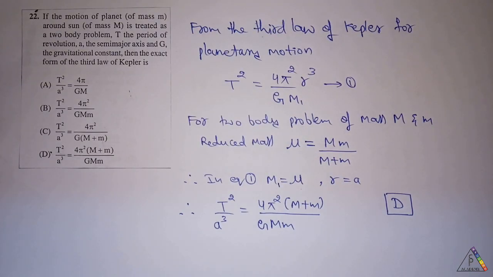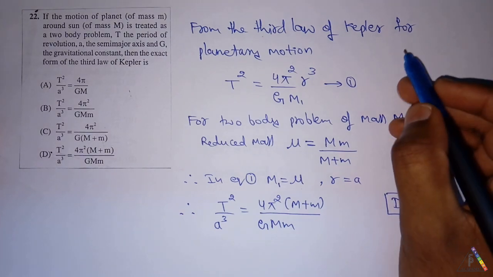Next question is, if the motion of a planet of mass m around the sun of mass capital M is treated as a two-body problem, T the period of revolution, a the semi-major axis, G the gravitational constant, then the exact form of Kepler's third law is.